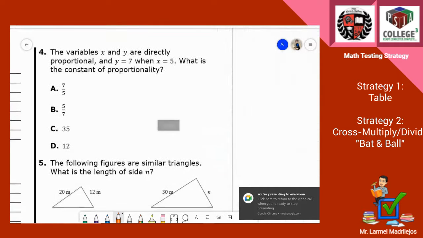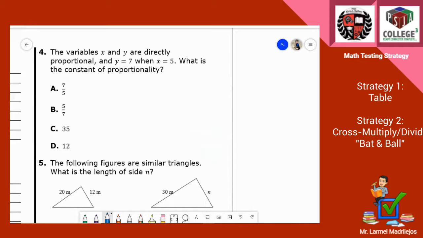Next question. Question number 4. The same strategy. Draw first the table, read the statement, stop from the comma. The variables x and y are directly proportional.